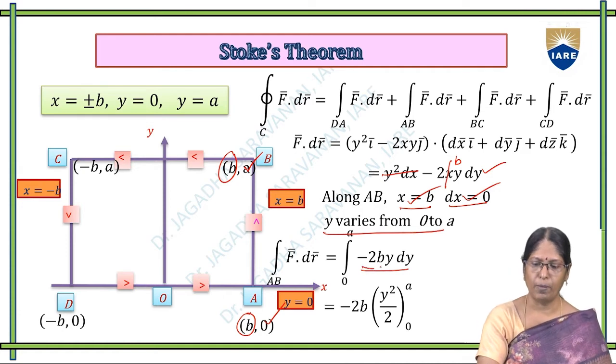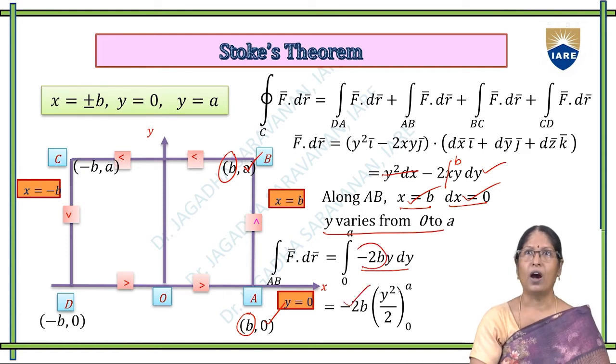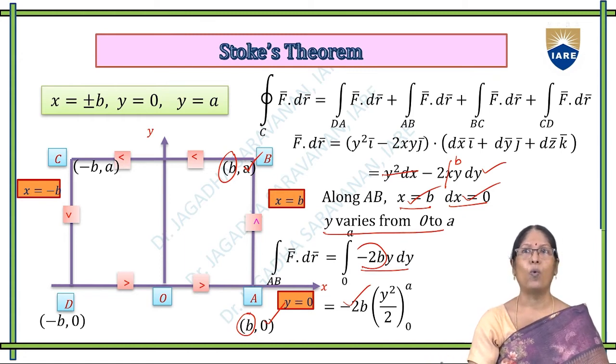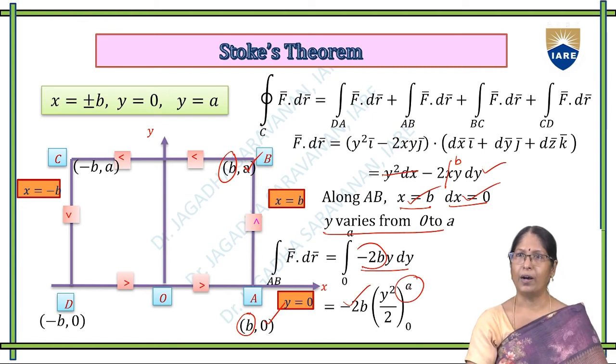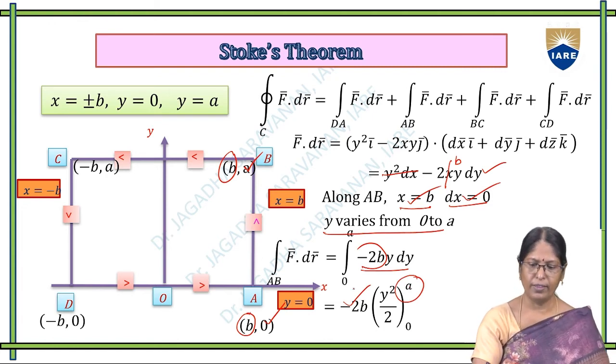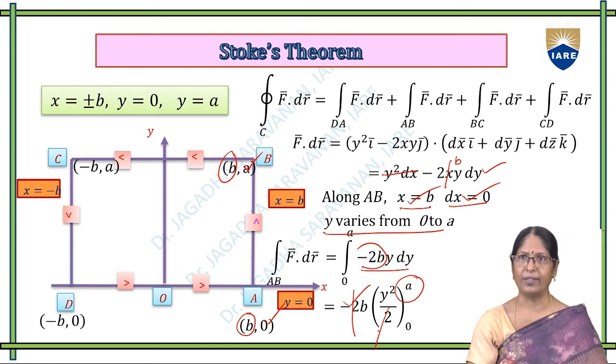We can see it, minus 2b is written outside. The integration of y is y square by 2 from 0 to a. What is our upper limit? The upper limit is a. This 2 is getting cancelled.